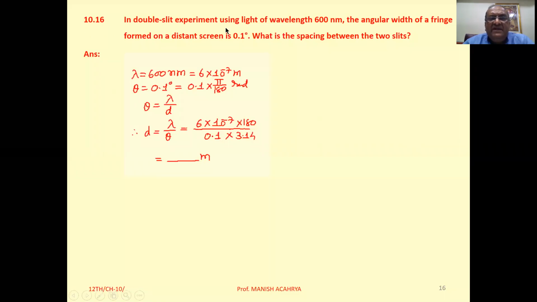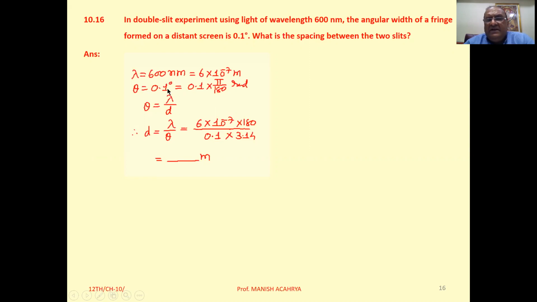10.16. In double slit experiment using light of wavelength 600 nanometer, the angular width of the fringe formed on a distant screen is 0.1 degree. What is the spacing between the two slits? Again, simple thing, lambda that is given to you 600 nanometer, that is 6 into 10 raised to minus 7 meter.